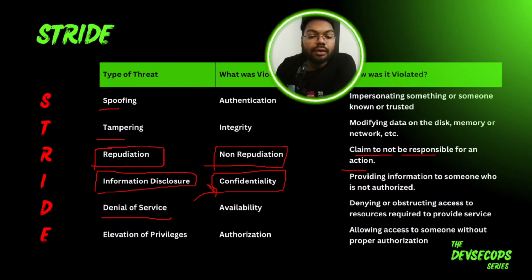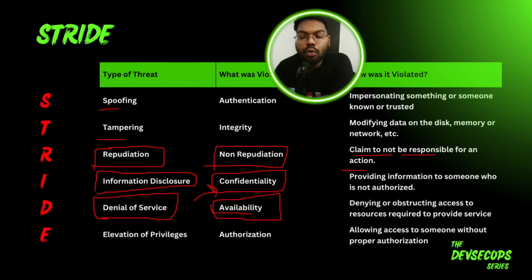The next is denial of service. Denial of service is kind of a particular thing. Let's say there is a house that you live in, which you call your home. Someone stole the keys of your home, and then he ran away. So now what happens?